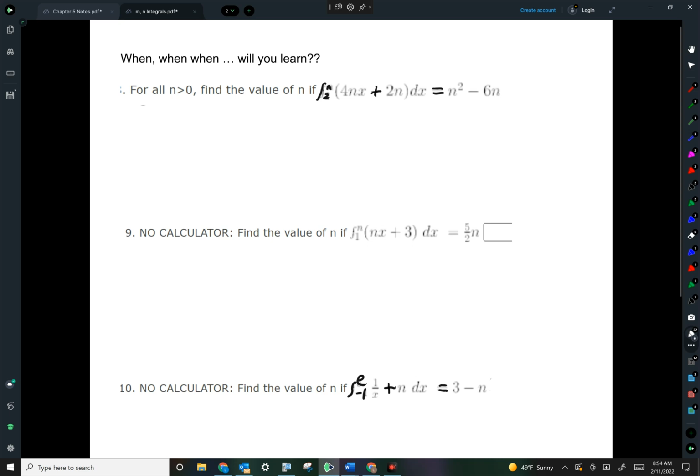Yes, 2. Keep in mind, the x is the variable, the n is the constant. On the third one, this name here. It's hard to read, sorry.